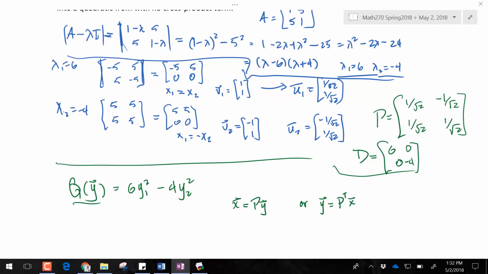If all you want to do is write the change of bases without any cross product terms, then all you need is the eigenvalues. But if you want to know the relationship between x and y, then you need this P value, because this is the change.